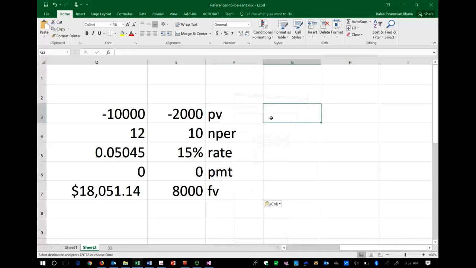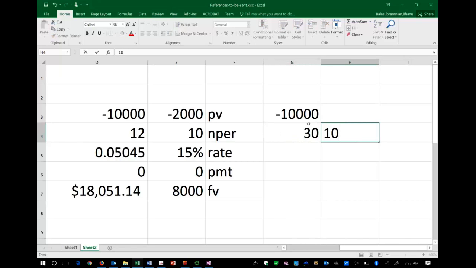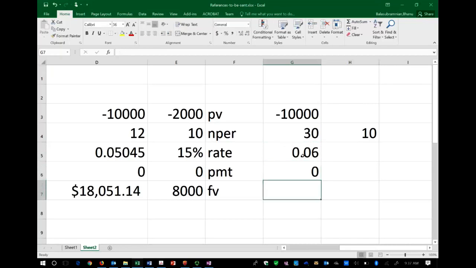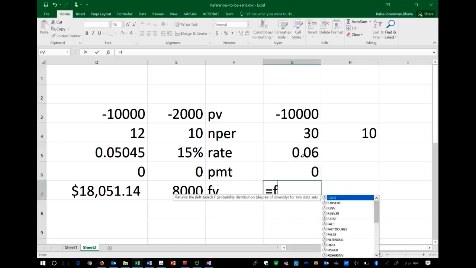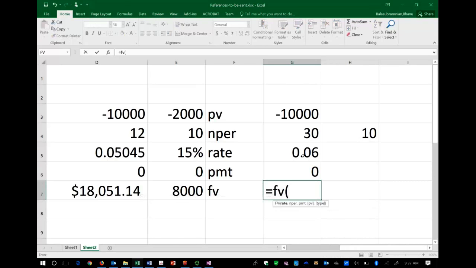My present value is negative 10,000, number of periods for one person is 30 and for the other person it is 10, rate is 6 divided by 100, it is the same, payment is 0. Now I have to calculate the future value.